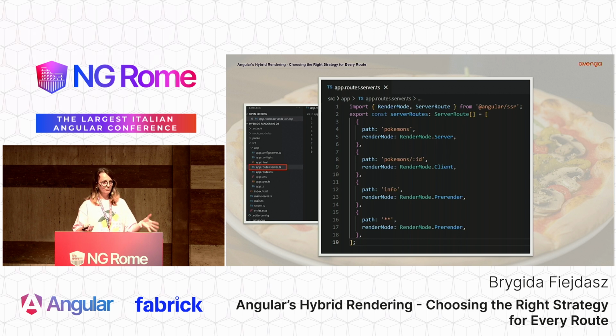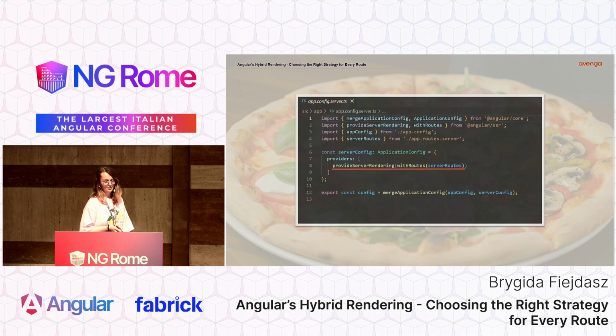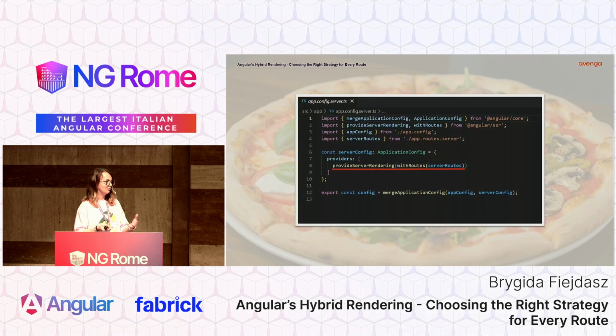So we have the server routes file, but we have to give Angular the information that we want to use it. It is added by default, but Angular needs to know where to find it. So in our app config server, in providers, we have provideServerRendering with, and here we provide our file with server routes. Okay, let's go.